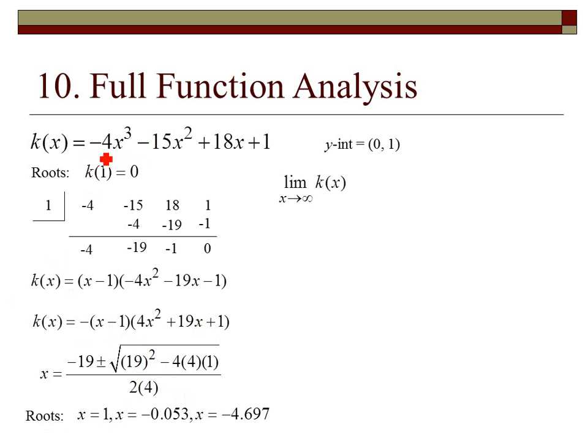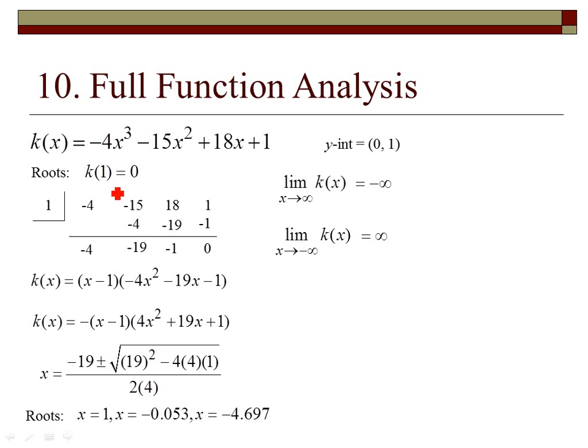So as x gets really big, it's going to end up being a real big negative. So this is going to go to negative infinity. As x approaches negative infinity, well, x cubed, when I plug negatives in here, that becomes negative. So I have negative times negative, which will make it positive infinity.